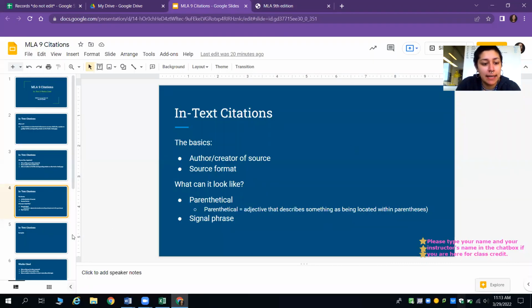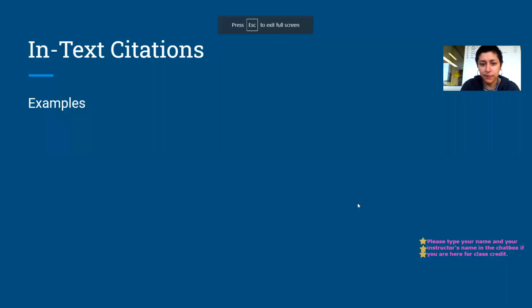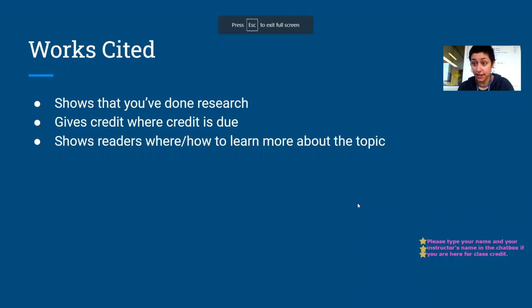All right, going back here, we talked about in-text citations. Now I would like to talk about works cited. So remember, when we are citing our sources in a traditional academic paper, we not only need to cite in text while we are writing about our topic, but we also need to develop that whole works cited page that has a list of all of our sources that we've used.